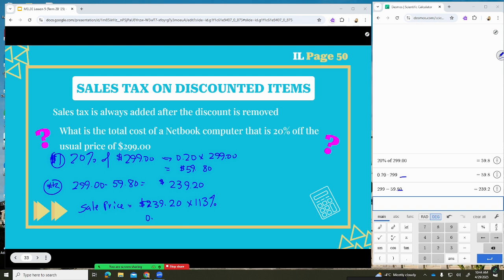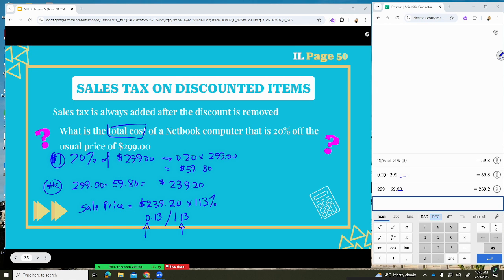We can do 0.13, or we can do 1.13 if we want to just get to the answer. If it's asking us what is the tax on the new price, we have to do method 1 to show the tax. If it's asking what is the total, we can just skip to method 2 and jump to the end where it tells us how much it's going to cost.